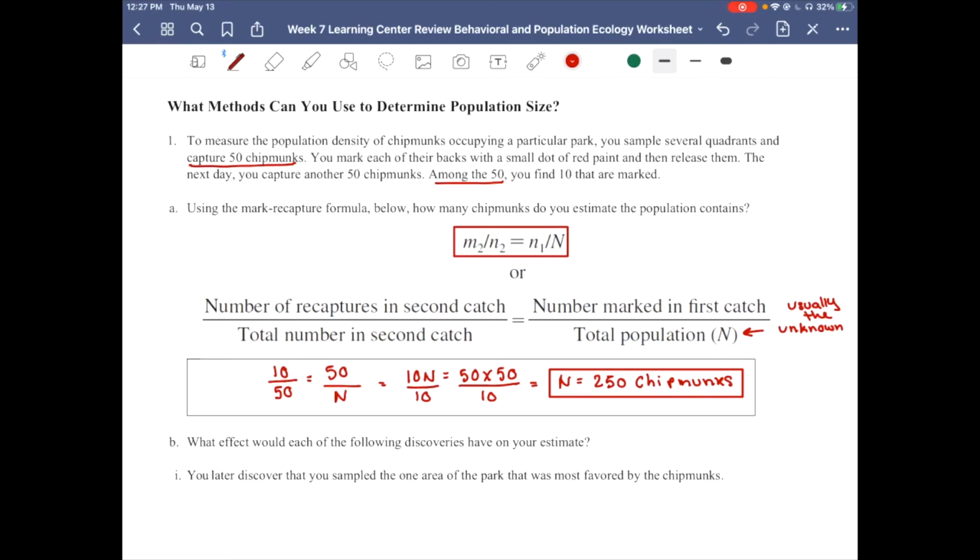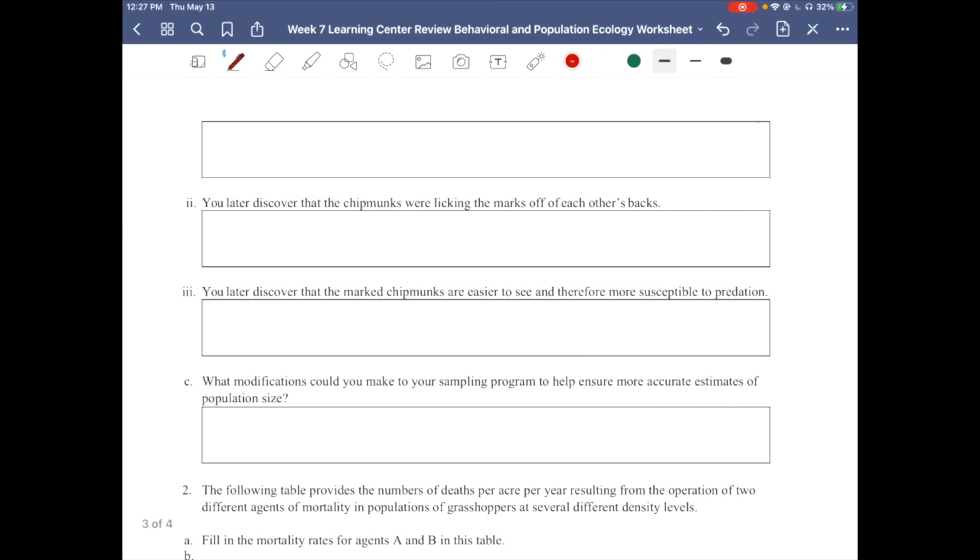That's why it's usually good practice to test more than one location, so we have more samples to compare and we don't have certain biases like this. So this would cause us to overestimate the population.